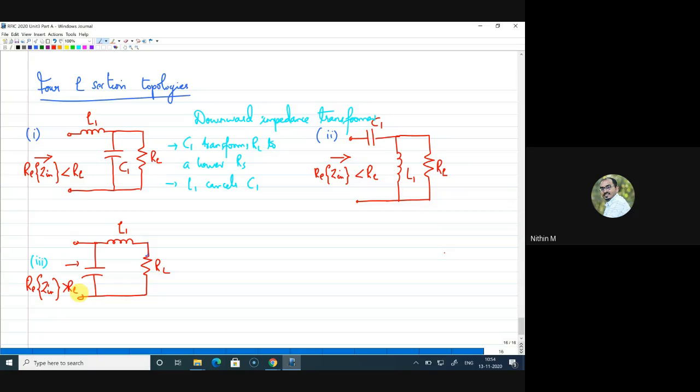And as you guys suggested, I have a resistance RL. Now I'll put a series capacitance and then a parallel inductance here. Let me mark this as RL, C1, L1. Now the real part of impedance will be greater than RL, right? So these two are upward impedance transformers.